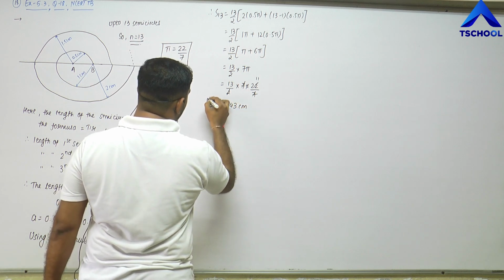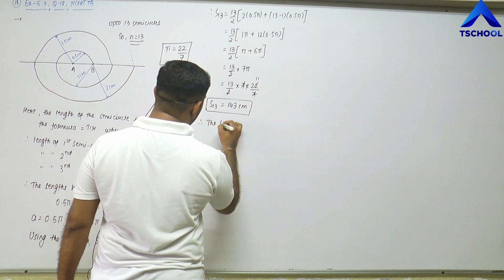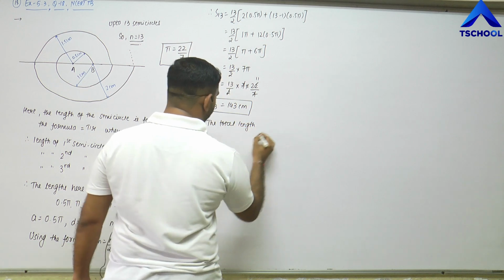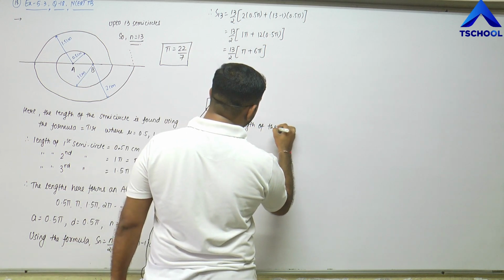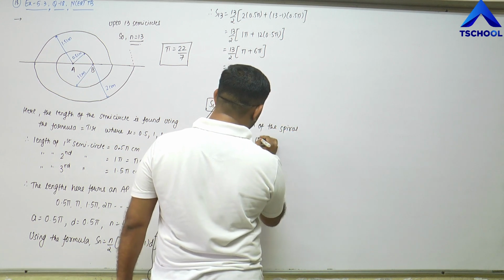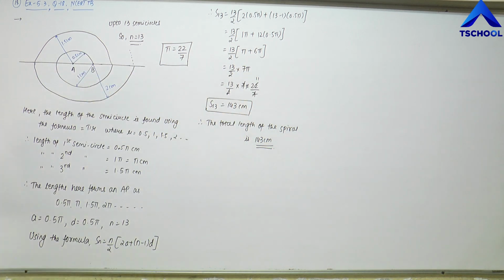So the total length of the spiral is 143 centimeter, right? The total length of the spiral is 143 centimeter.